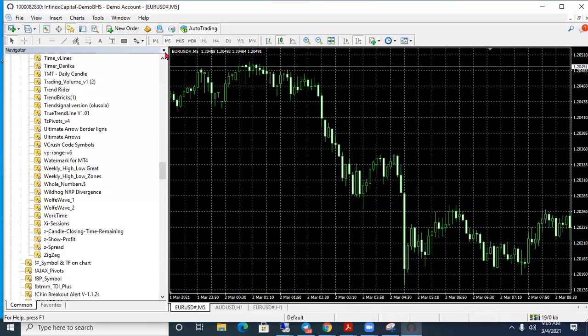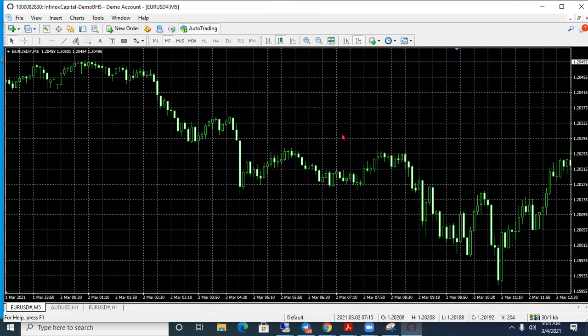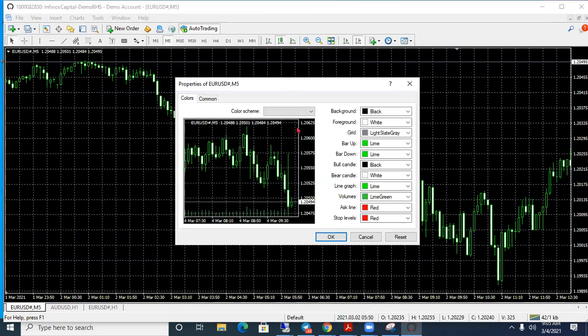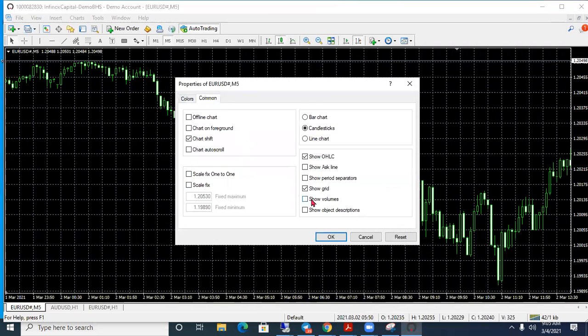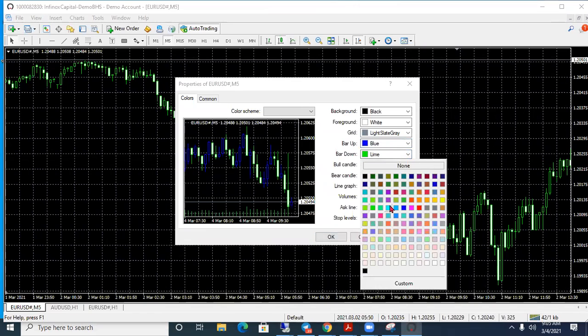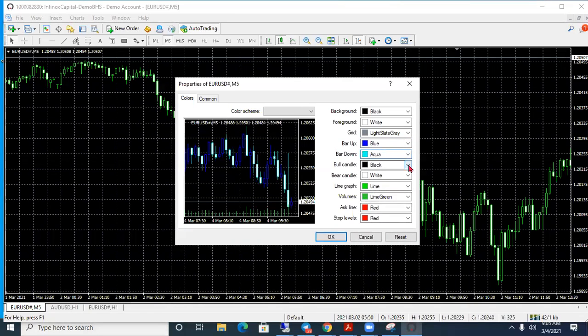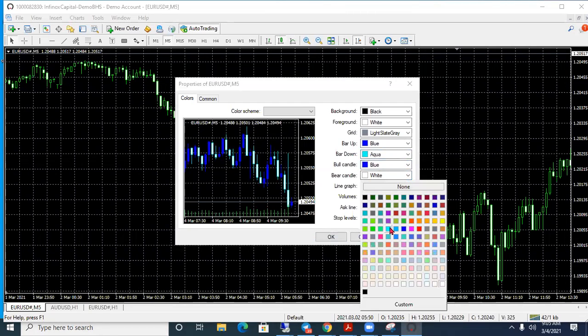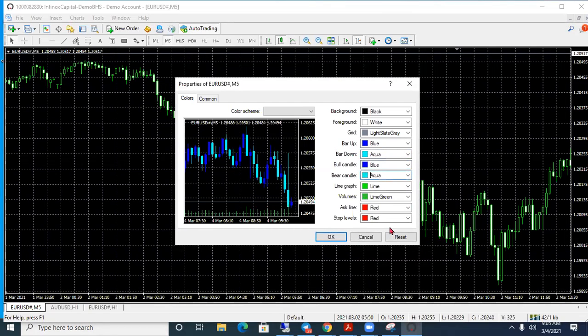All right, so here we are, and I want to do my AQZ here. So let's quickly don't show grid, the colors. Let's make our bar up deep blue, bar down light blue, bull candle deep blue, bear candle light blue, something like that.